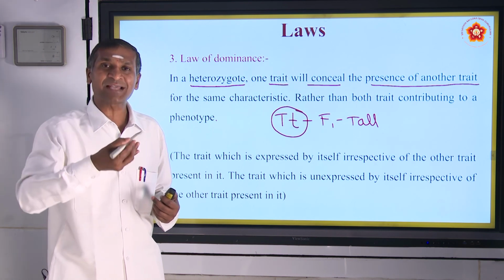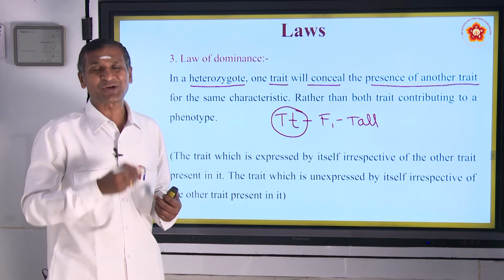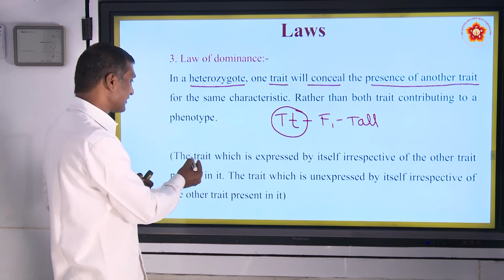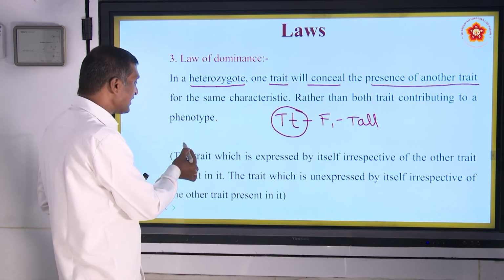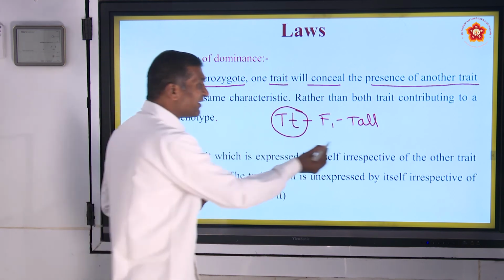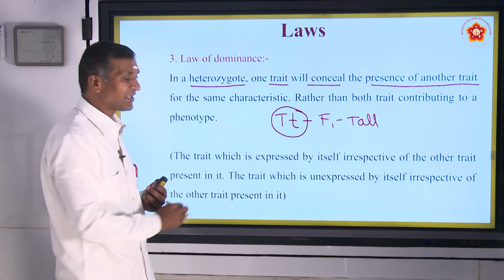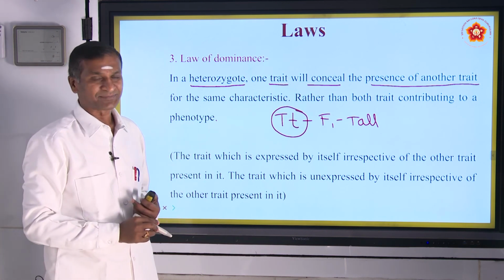That factor which is being expressed, which is being shown off, is called the dominant factor. That factor which is unexpressed and which is being hidden, we call it recessive. That is why the meaning is told here: the factor which is expressed by itself irrespective of the other factor present in it, that is dominant.